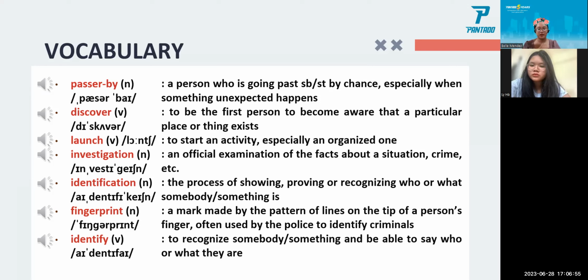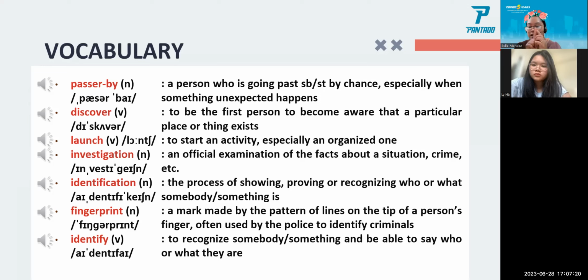Please read the meaning of fingerprint. Pattern of lines on the tip of a person's finger, often used by the police to identify criminals. Okay, so when we say fingerprint, can you see our hand?